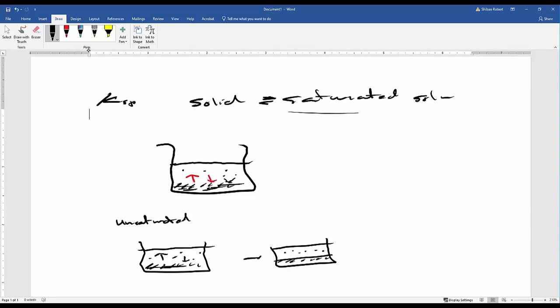Okay, so once that occurs, the solution is saturated. It's unsaturated here, and eventually over time it becomes saturated. Once it becomes saturated, there's no more net dissolution.